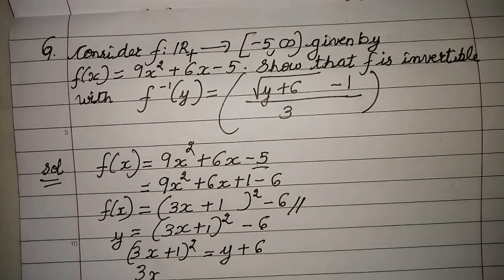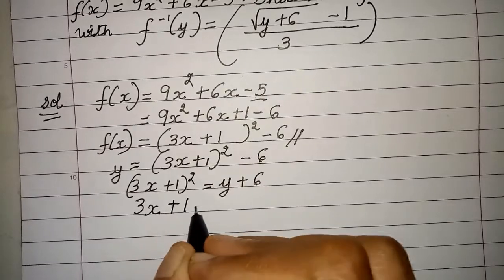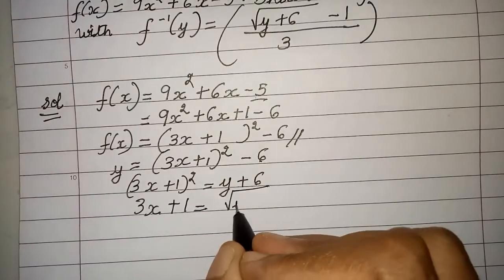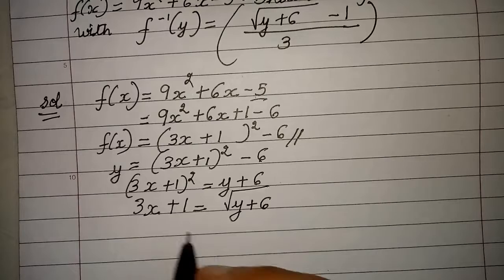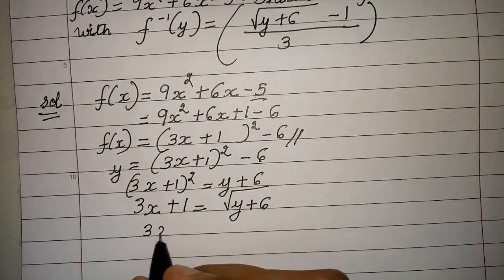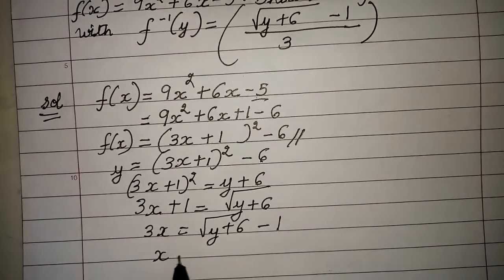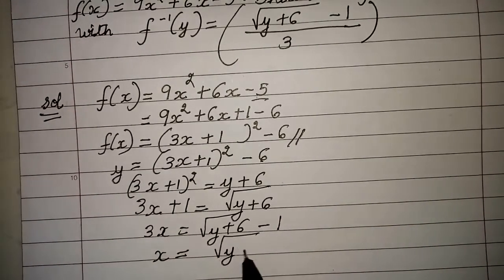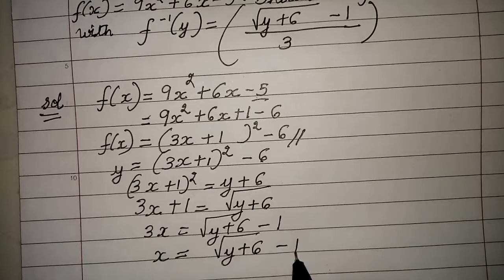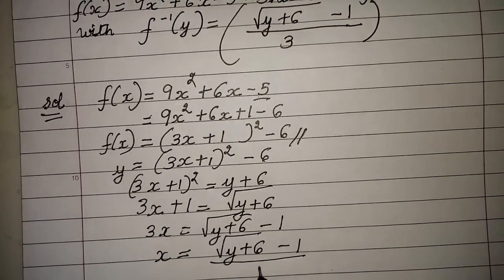So 3x plus 1 will be equal to the square root of y plus 6, so 3x is equal to the square root of y plus 6 minus 1. So my x is going to be square root of y plus 6 minus 1, where 1 does not have a square root, divided by 3.